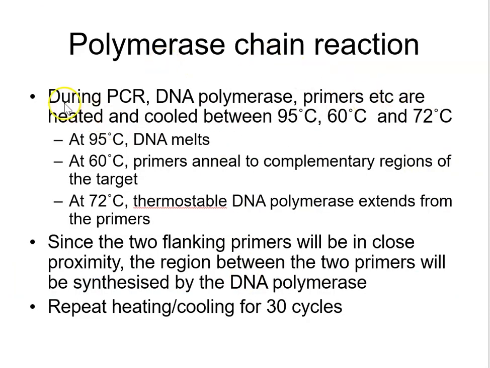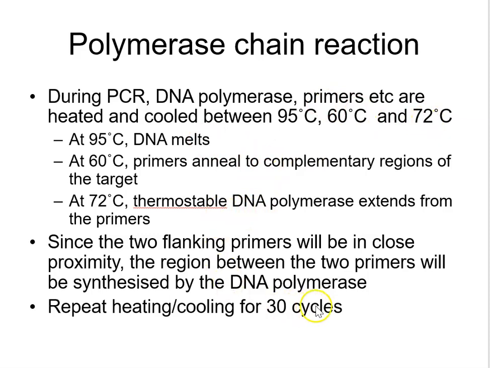So with the polymerase chain reaction, we are using DNA polymerase, and we're using DNA primers which bind to regions close to the mutation. We then heat and cool the DNA: 95 degrees C to denature the DNA, 60 degrees C to allow the primers to bind, and 72 degrees C to allow the thermostable DNA polymerase to extend from the primers.